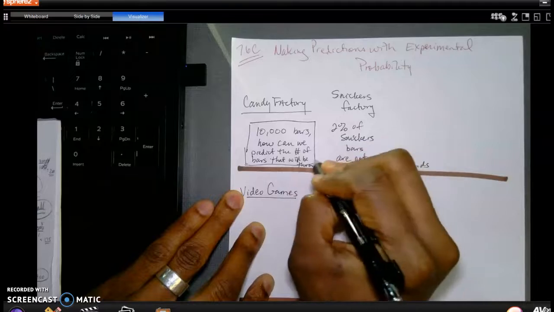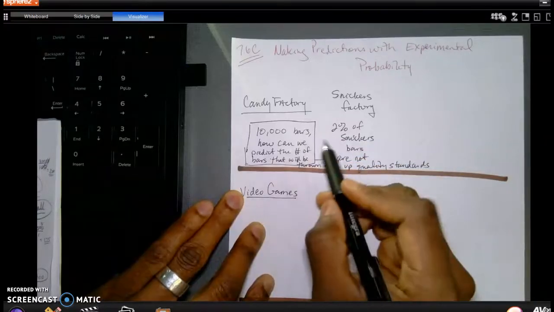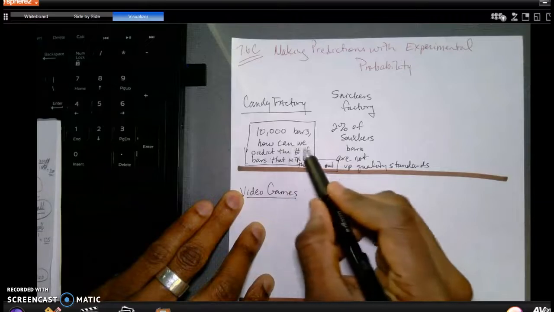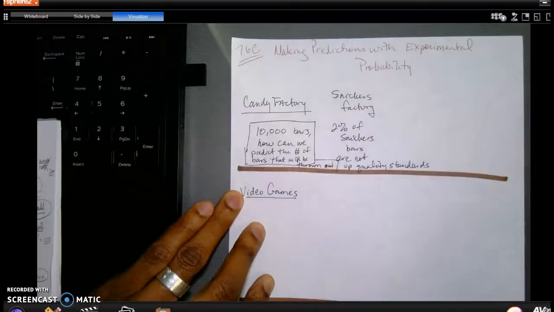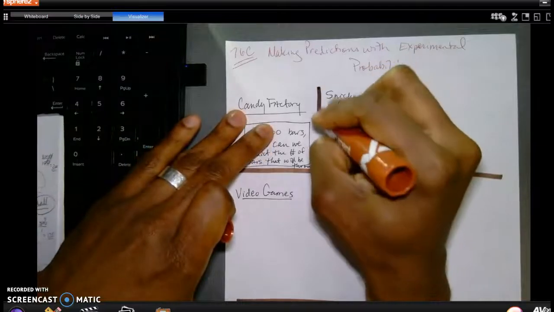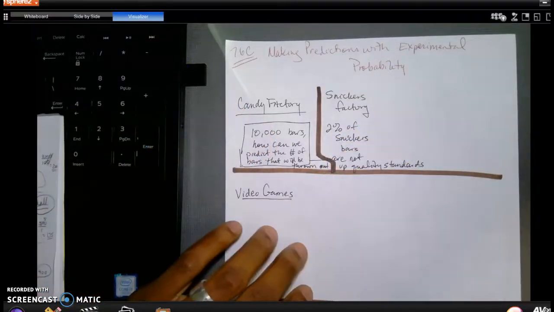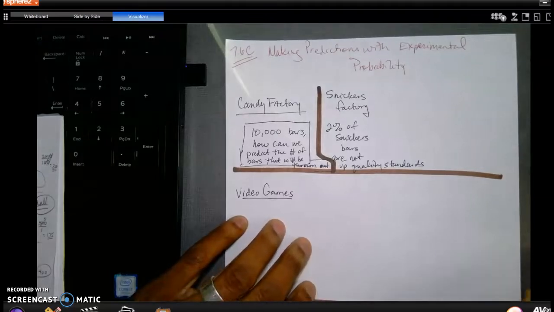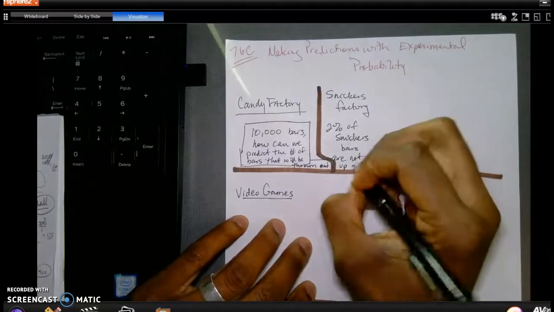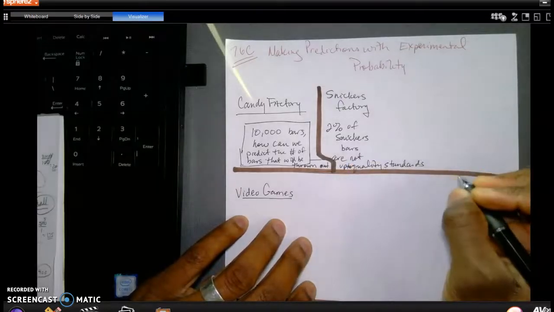We want to know how many are going to be thrown out. So with 10,000 bars, how can we predict the number of bars that will be thrown out? Based upon their previous information, they know that about 2% of the Snickers bars are not up to quality standards.